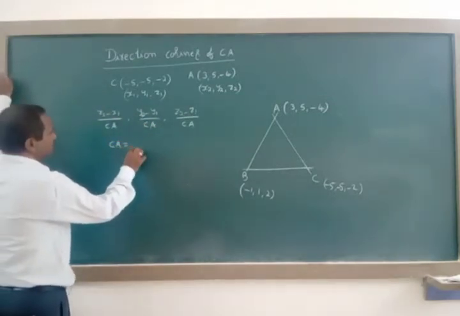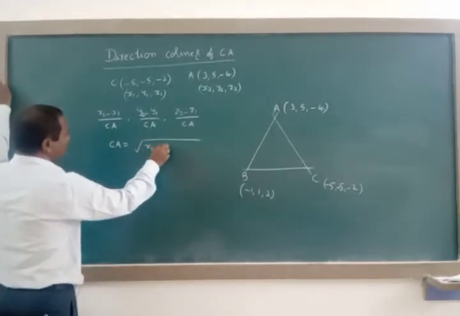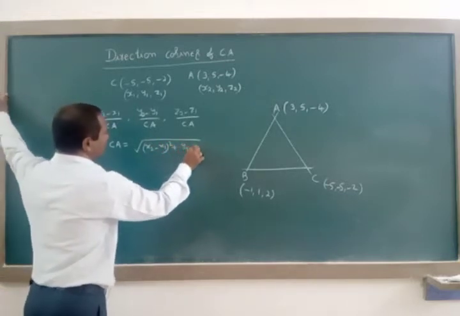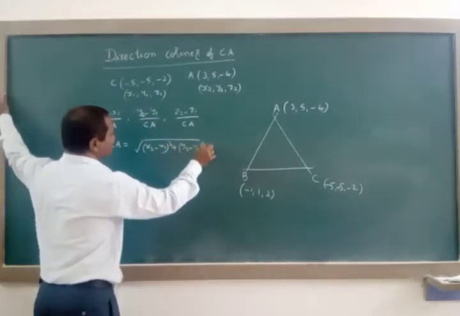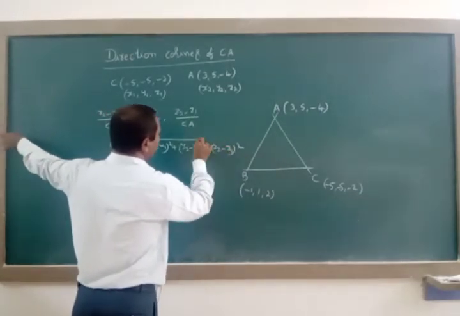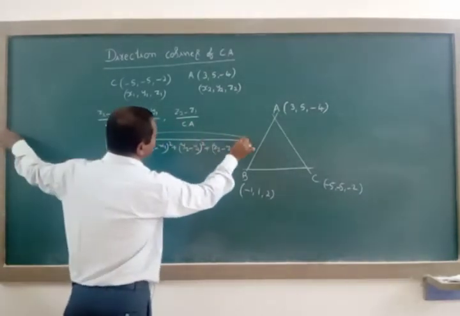CA is equal to the square root of (x2 minus x1) whole square plus (y2 minus y1) whole square plus (z2 minus z1) whole square. It is the formula.